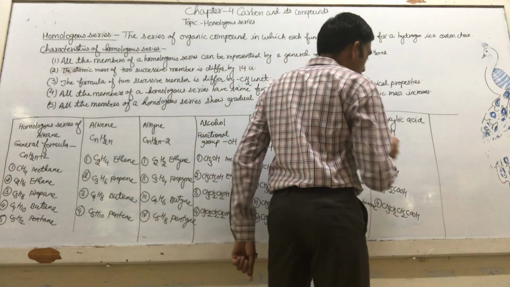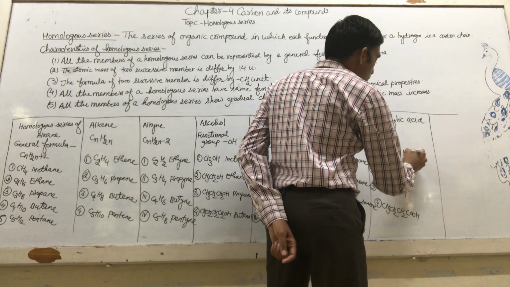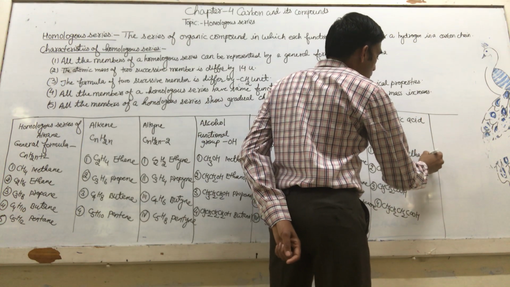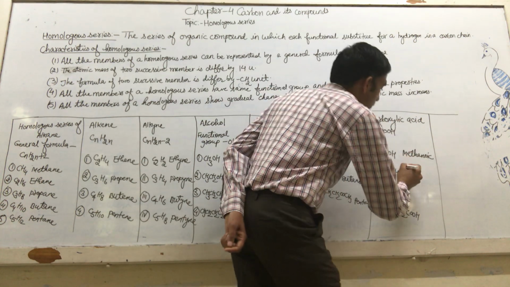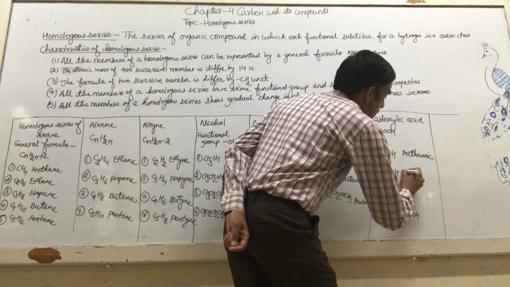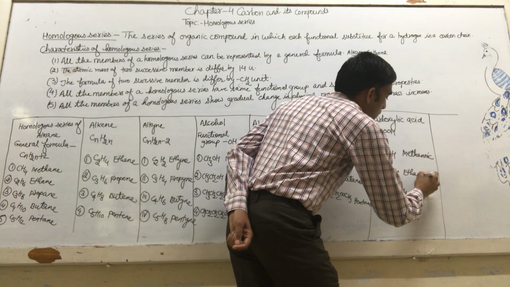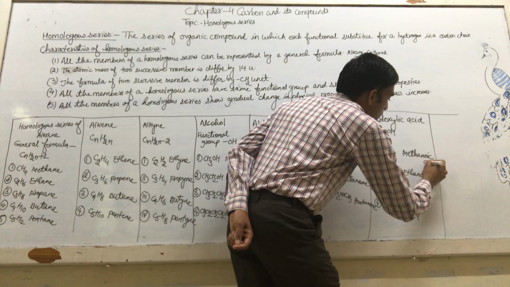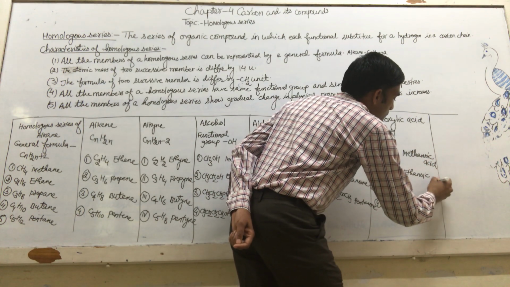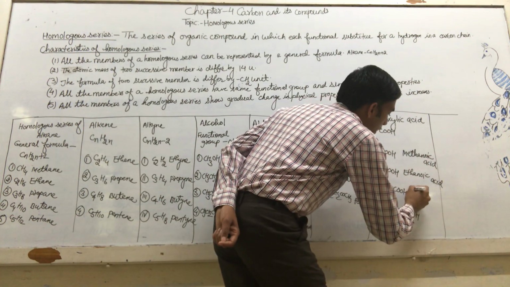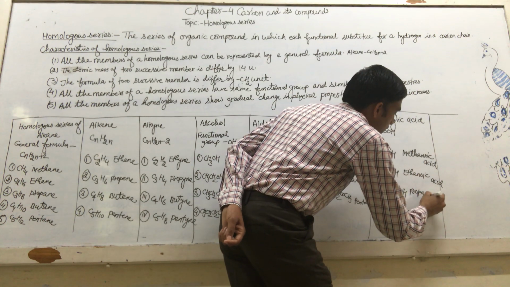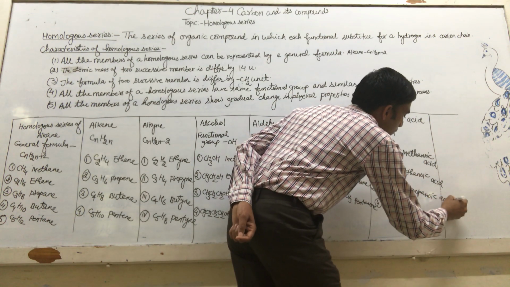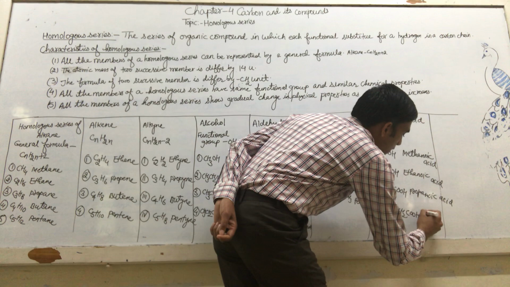Names: methanoic acid, second is ethanoic acid, propanoic acid, butanoic acid.